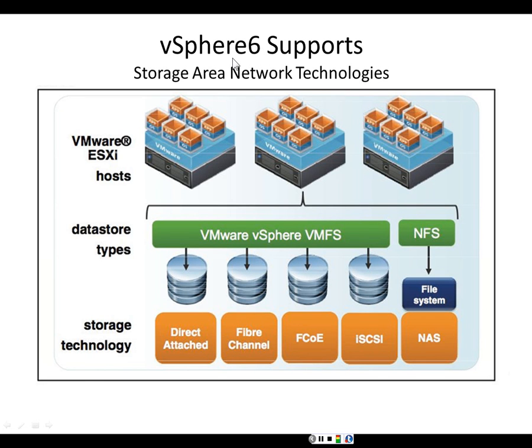vSphere 6 supports multiple storage area network technologies. Virtual machines running on ESXi hosts can save data to a VMFS data store. And the VMFS data store can save data to various storage area network technologies, such as direct attached storage, fiber channel over Ethernet, iSCSI, and you could even implement NFS on a NAS, network attached storage.